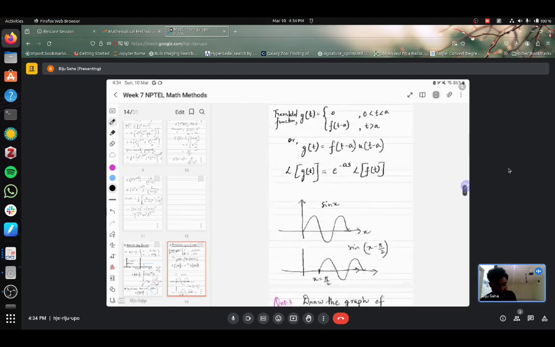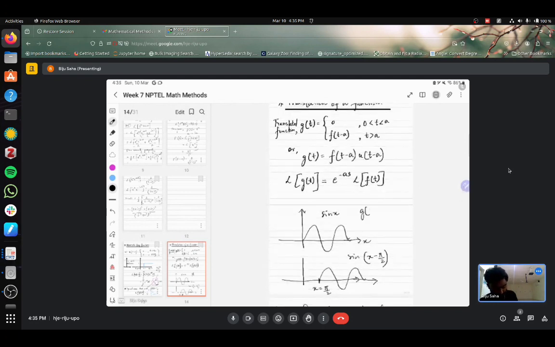So you can consider that g of t, if I write t here as the variable, because t is what I am considering. g of t is 0 for t lying between 0 and pi by 2, and it is f of t minus pi by 2 for t greater than pi by 2, where f of t is sine t.